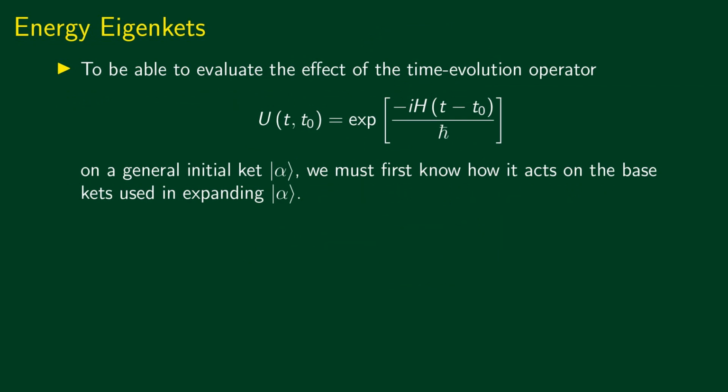What we need to understand is how a state ket evolves in time. For this, we have to evaluate the effect of the time evolution operator on a general initial ket, say ket alpha. You may remember that given any ket, we can always expand it in a chosen basis. We have also said that the eigenkets of an observable always form a basis.